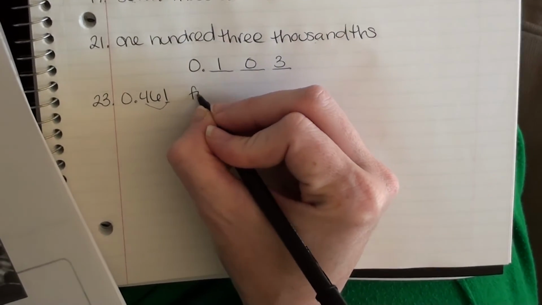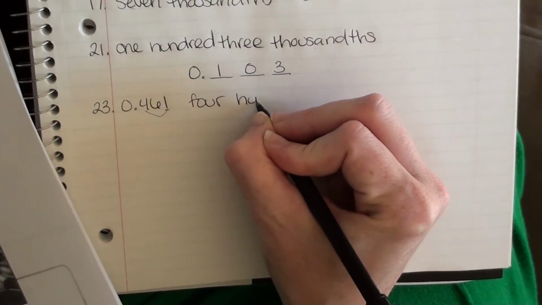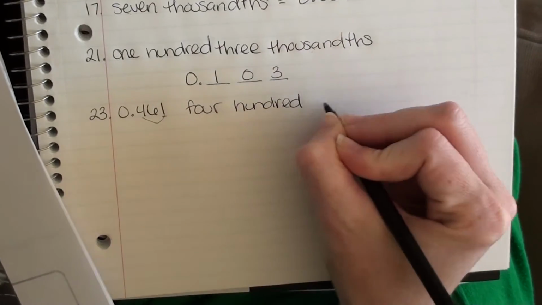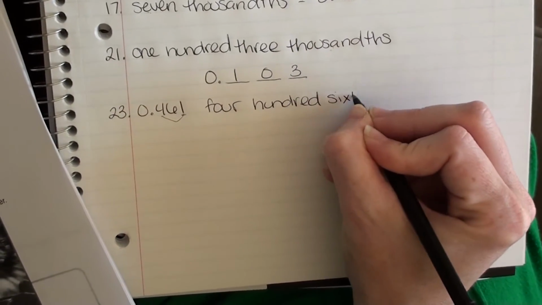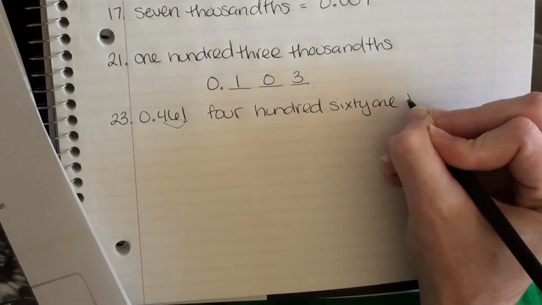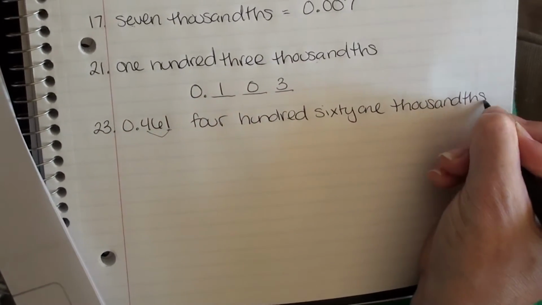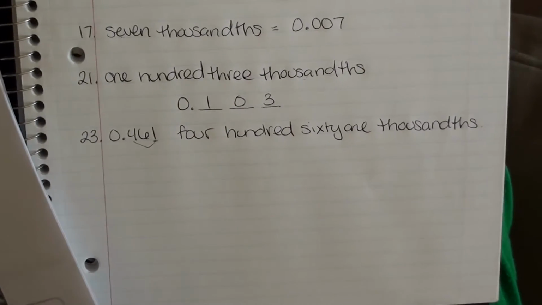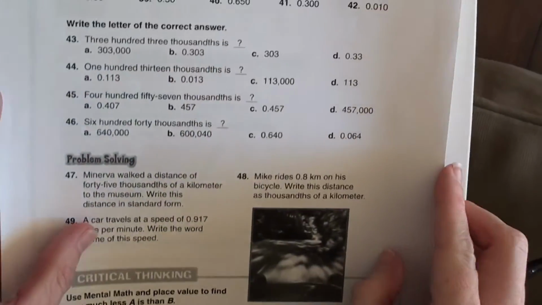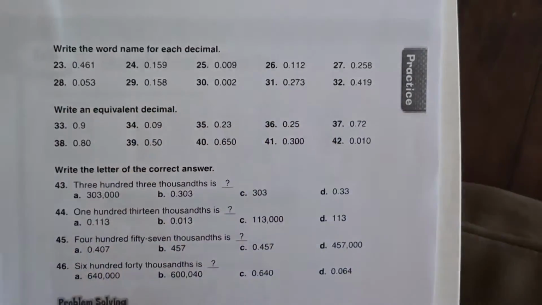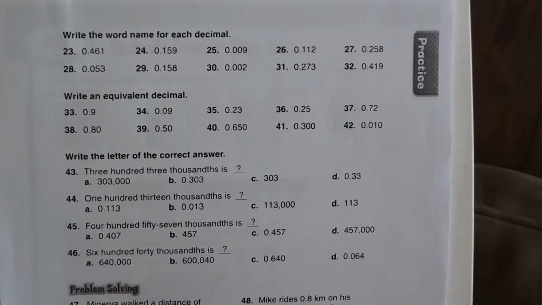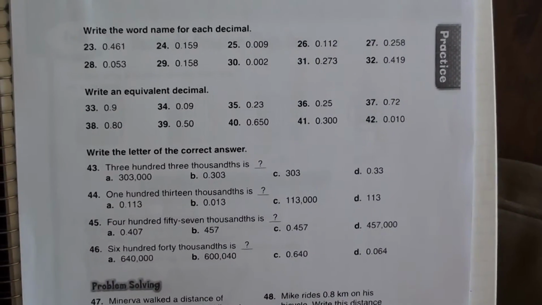So you are going to write 461 thousandths because it ends in the thousandths place. Okay? And here's a big hint. They all end in the thousandths place. So you should have a thousandth after every single one of these.